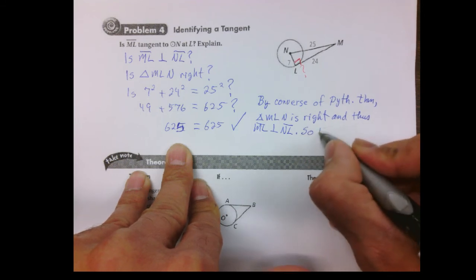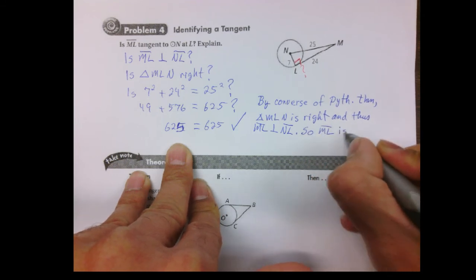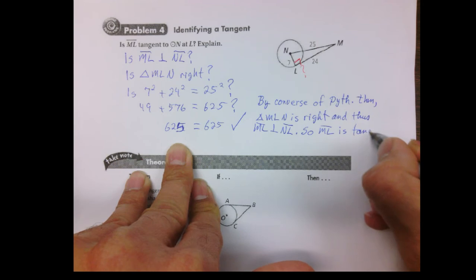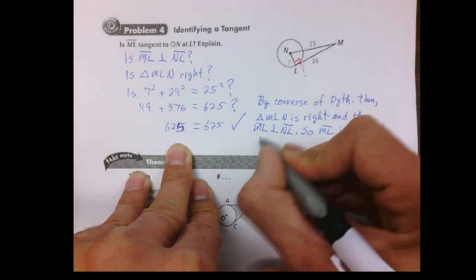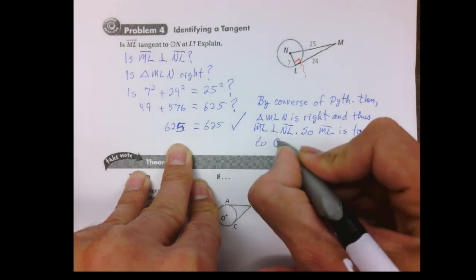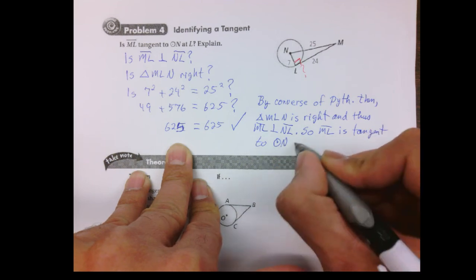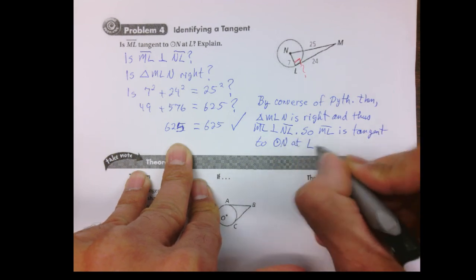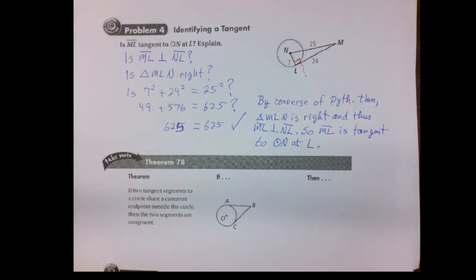So ML is tangent. It's tangent to circle N at L. Cool. That's a nice explanation.